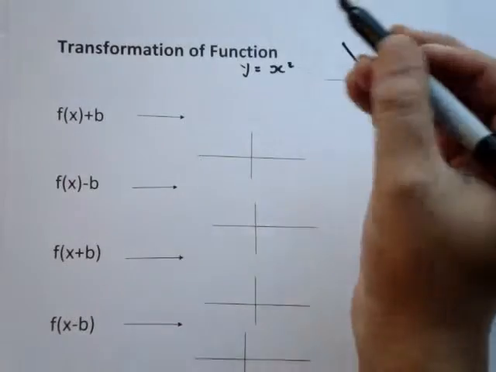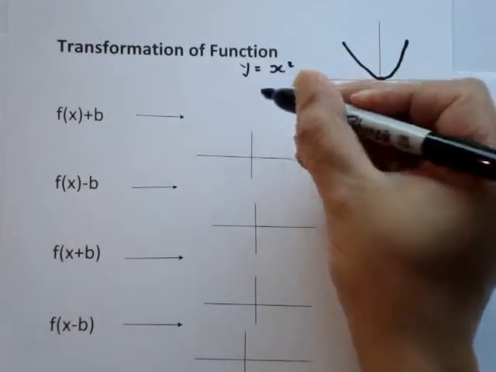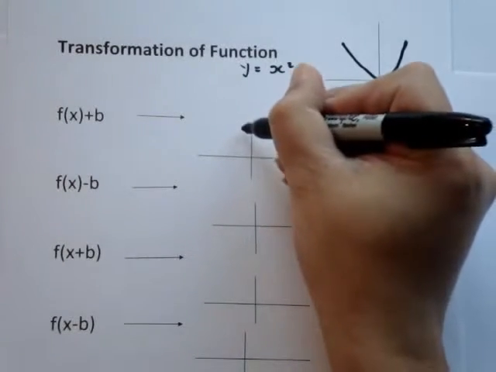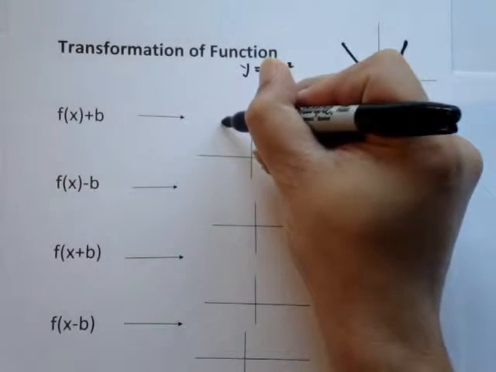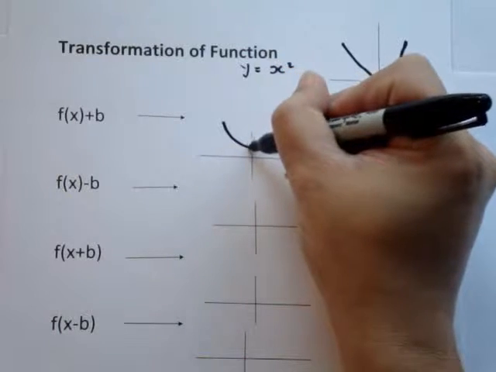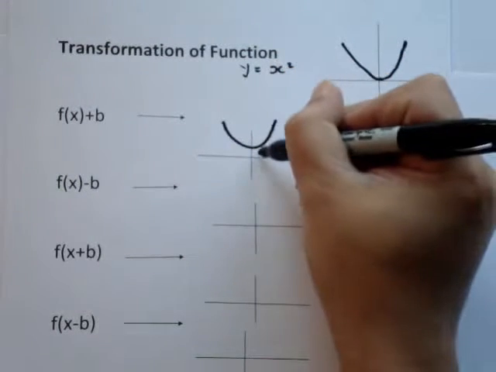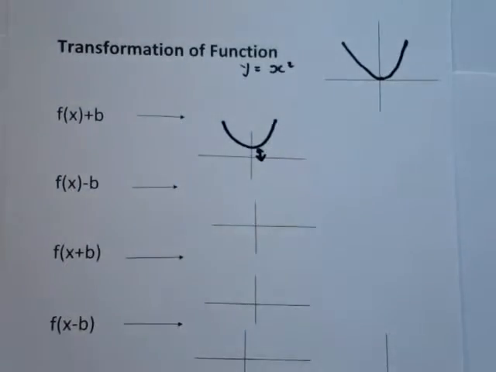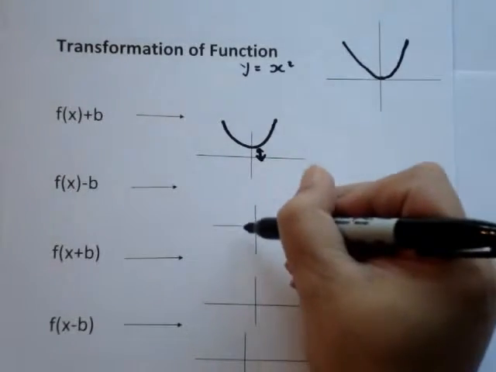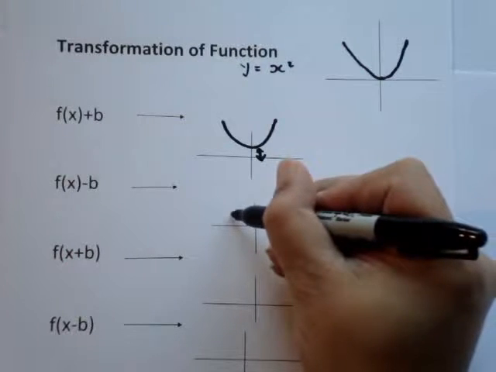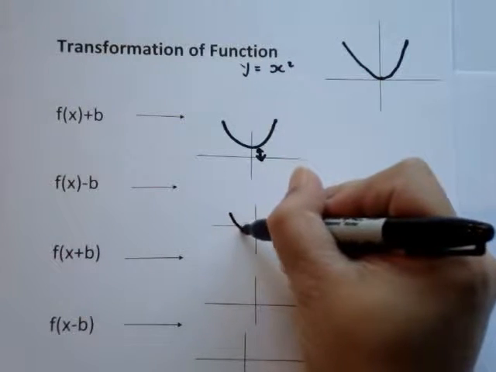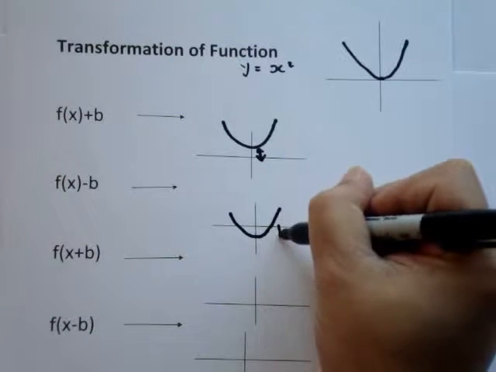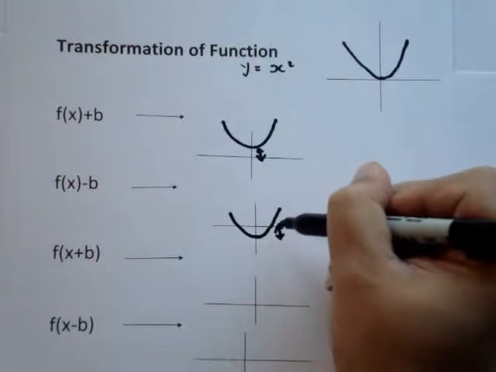F of x plus b is a vertical shift, so our parabola would be shifted up by b units. F of x minus b is a vertical shift down, so we would be down here, and this would be our b units.